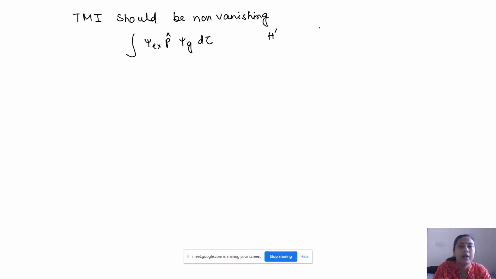excited state. Now for IR transition, we know that the dipole moment vector of the molecule actually interacts with the external electromagnetic radiation. And for Raman activity, we know that we need the information of the polarizability, not the mu.